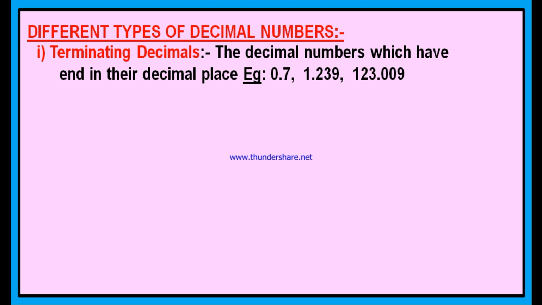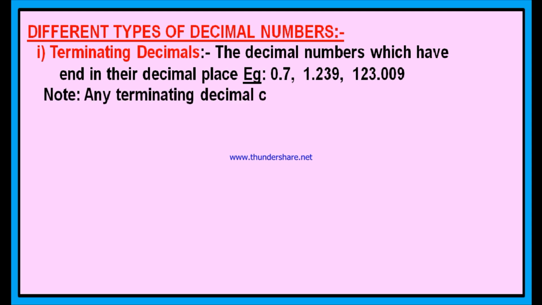And another number, 1.239. This decimal part ends with 9. And another number, 123.009. This decimal place again ends with 9. This type of decimal numbers which have an end in their decimal place are called terminating decimals.